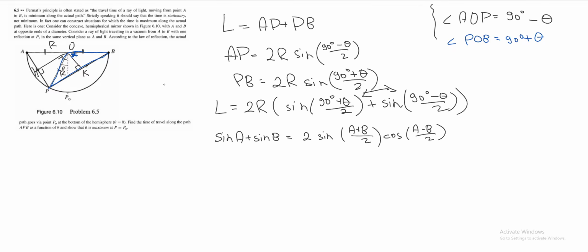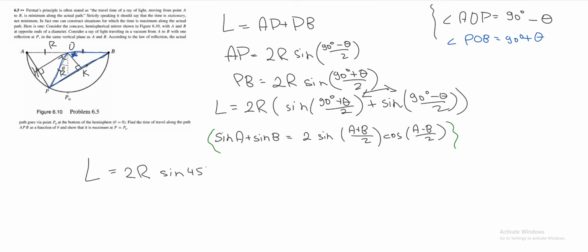Using this, we can find the final formula for L. Let's look at it: (90 degrees plus theta) divided by 2 plus (90 degrees minus theta) divided by 2 becomes 90 degrees, and divided by 2 gives us sine of 45 degrees.